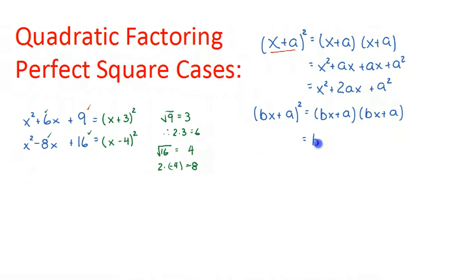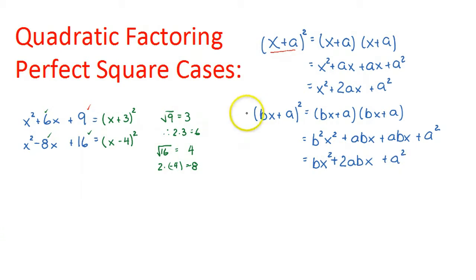We're going to expand this to get b squared x squared plus abx plus abx plus a squared, which equals b squared x squared plus 2abx plus a squared. And I see I have another pattern that emerges. Again, this first one and the second one are essentially the same concept, except here the coefficient on the x is 1 and here the coefficient is b. So by looking at this more general case, it allows me to deal with questions like this.